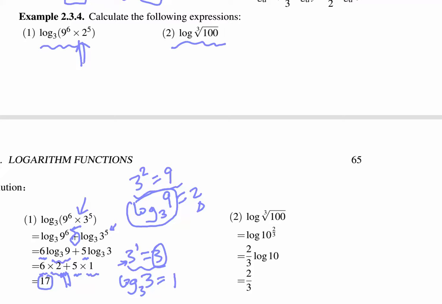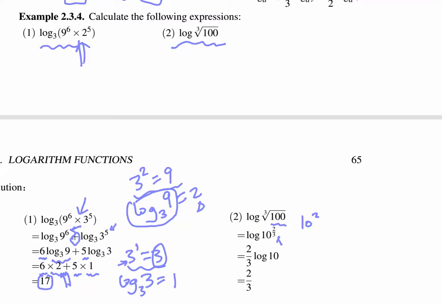This one is similar. We know 100, you choose cube root. The 100 you may write like 10 squared. So that's how we got cube root of 10 squared is 10 to the 2/3.